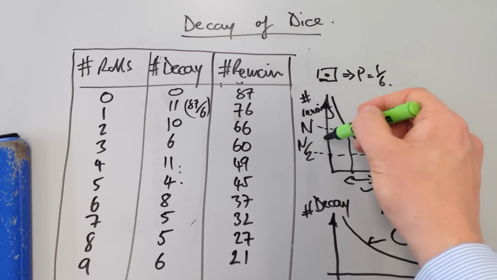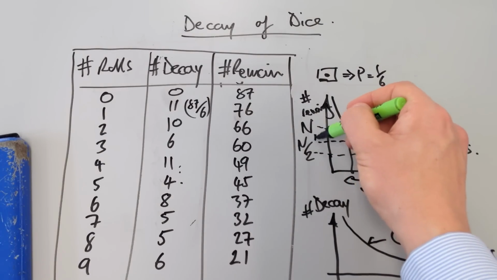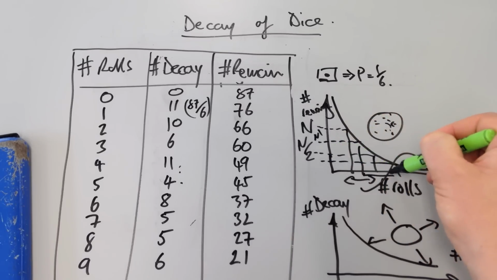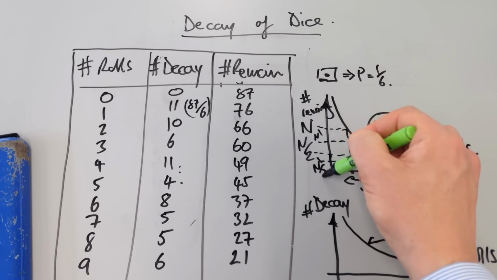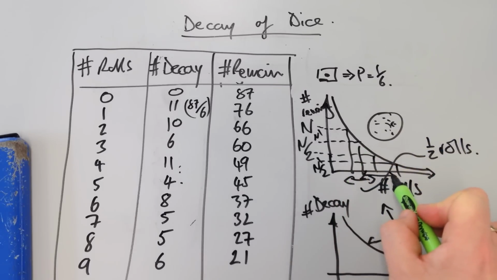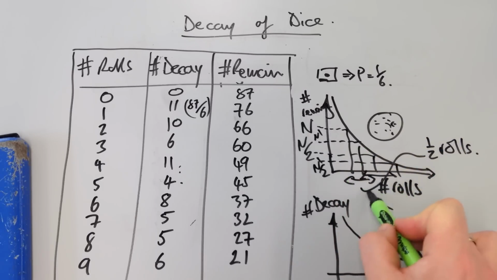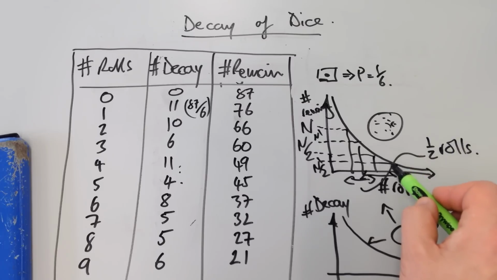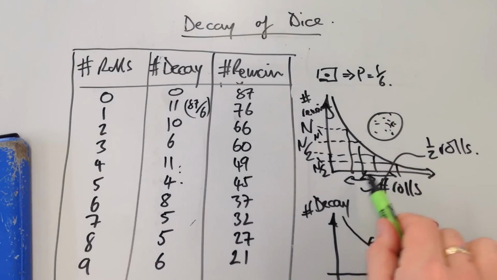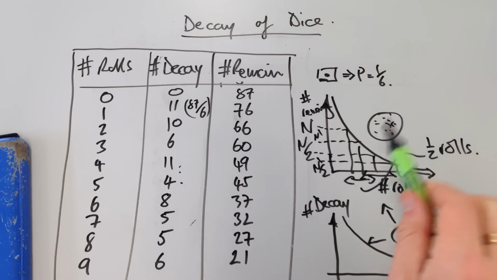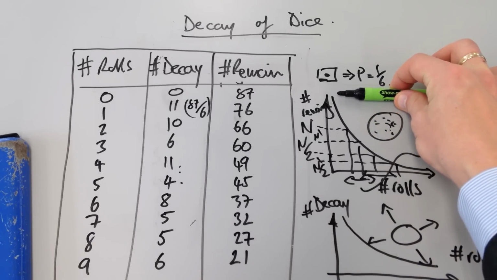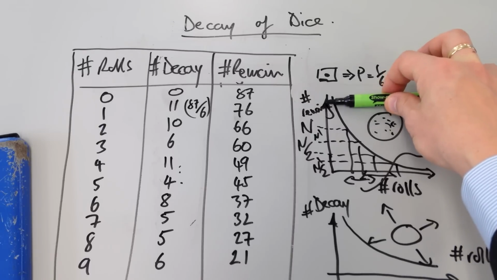And the interesting thing you'll find is it doesn't matter where you start. If you go to half, you will notice that these number of rolls are identical, or depending on the size and the fluctuations you get, because this is a random process, these should be the same, because this is exponential. So it doesn't matter where you start, but the number given out will be proportional to that which you started with.